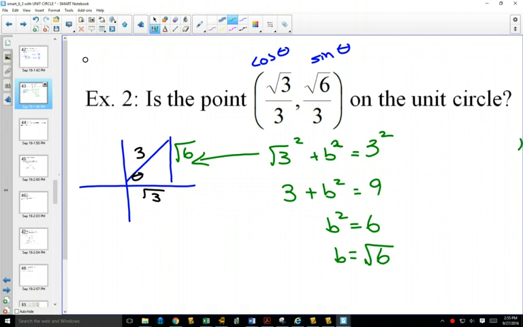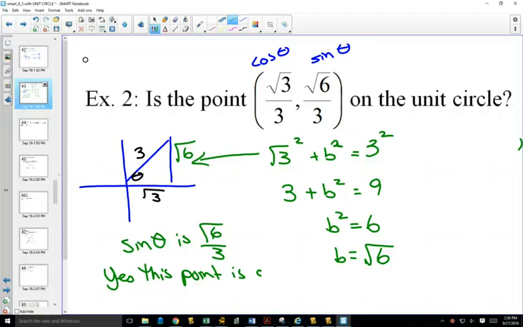So since we solved for this side and it matched that sine of theta here is root 6 over 3, we can say yes, this point is on the unit circle. If we got square root of 7 or square root of 8 or something that didn't match with what the point was, then we would say that no, it's not on the unit circle.